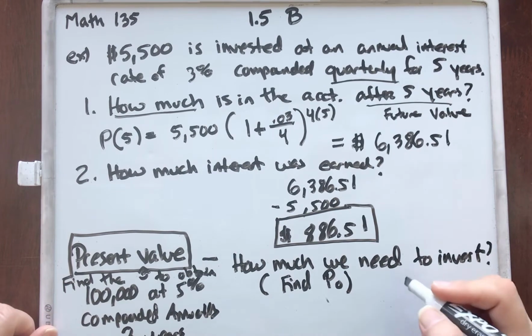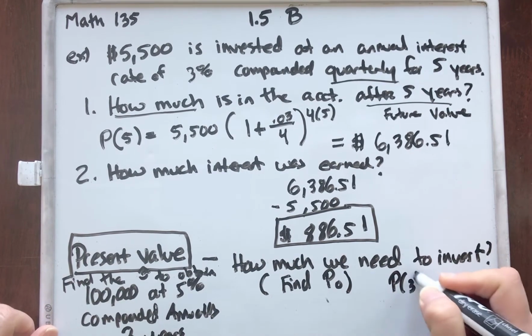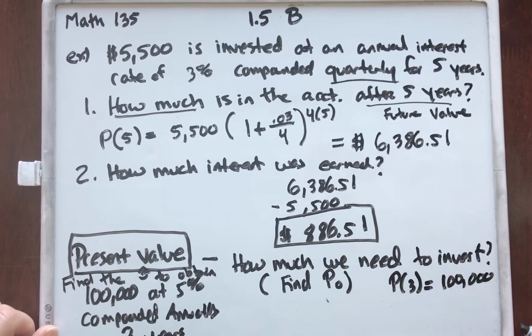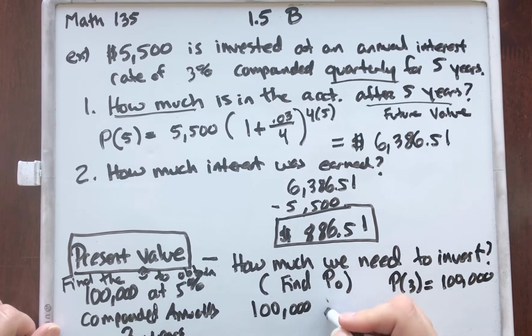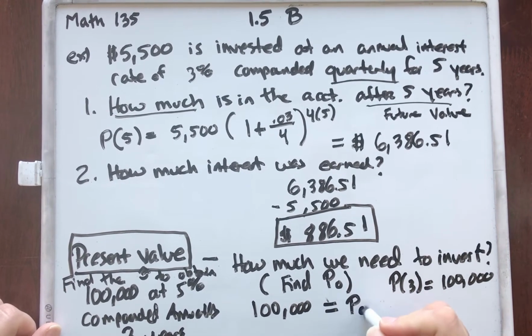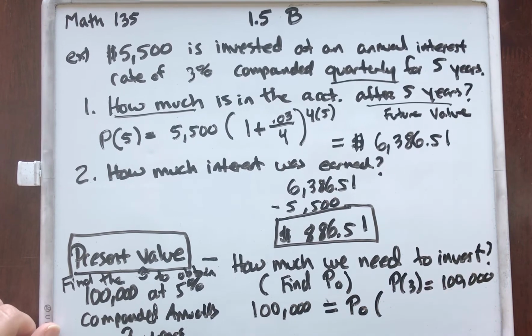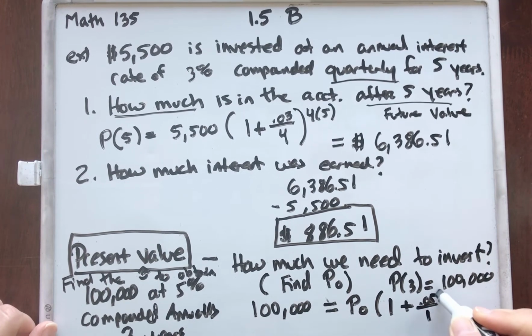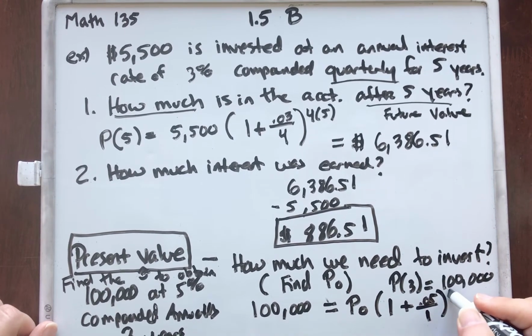Okay, so we know P of 3 is going to be $100,000. So we're going to put that in the front. This is what we're looking for, 100,000. And we need to know how much the investment we would have to put in for that to happen. So we have 1 plus 5%, which is 0.05. Annually is just 1. And we have 1 times 3.